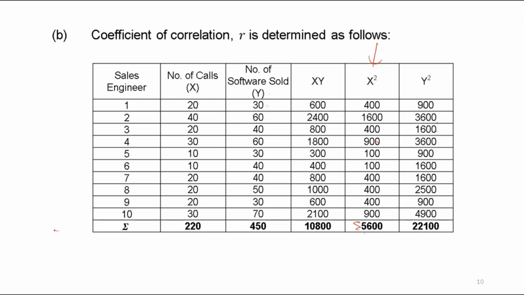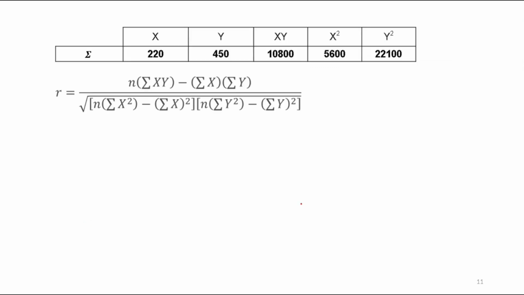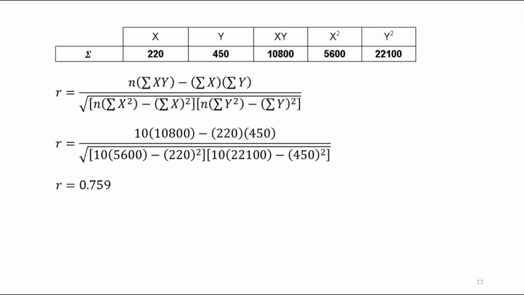So actually this is the last value that we want to know, because this is the value that we need to substitute in our formula of the coefficient of correlation. So this is the formula. Just substitute the values.